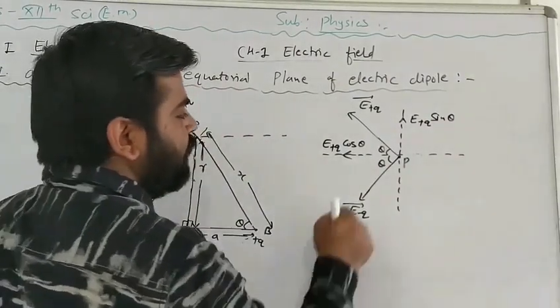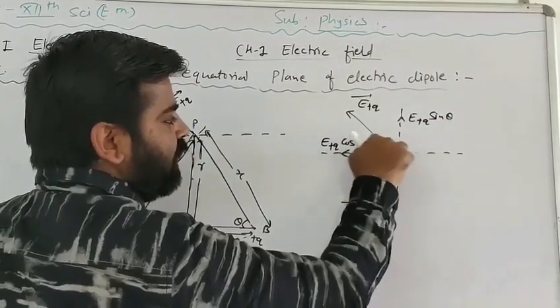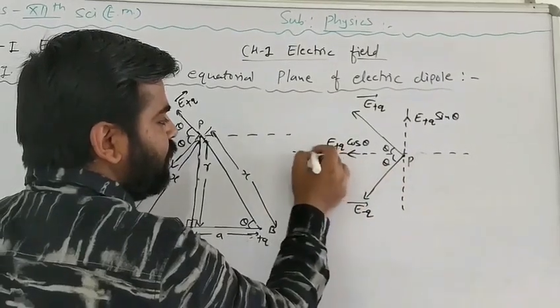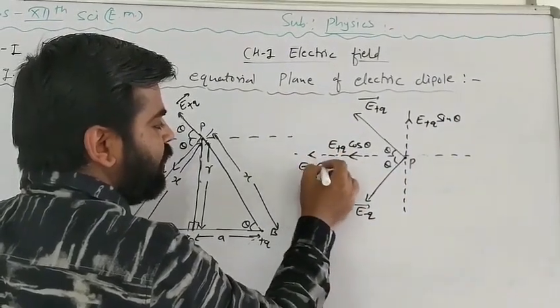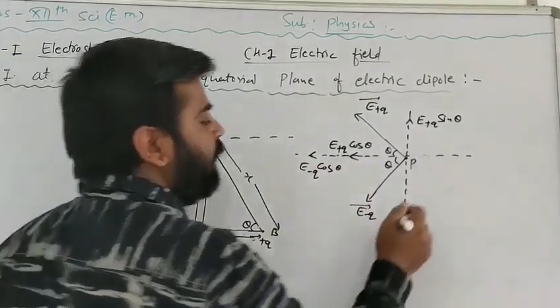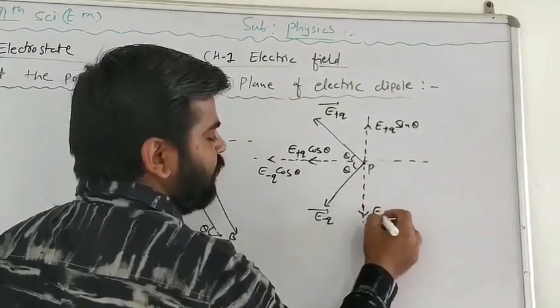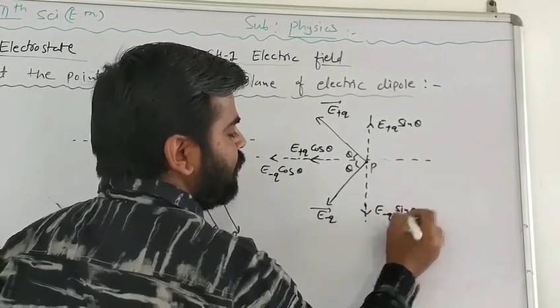In the same way, the horizontal line which made theta angle from the vector, this component is also cos theta: E minus q cos theta, and its vertical component is drawn by E minus q sin theta.